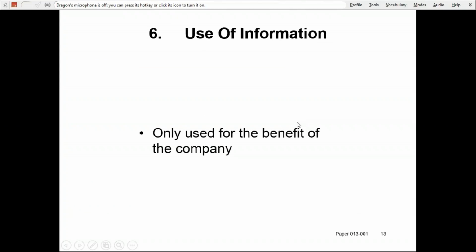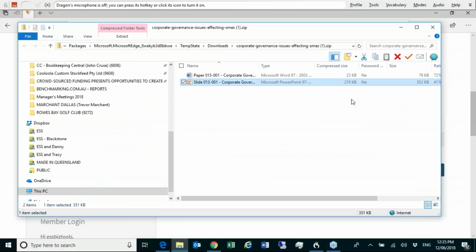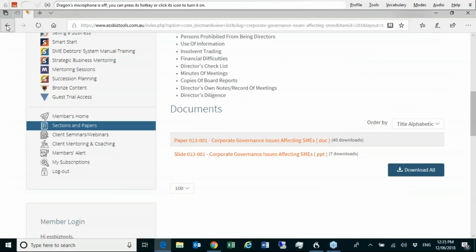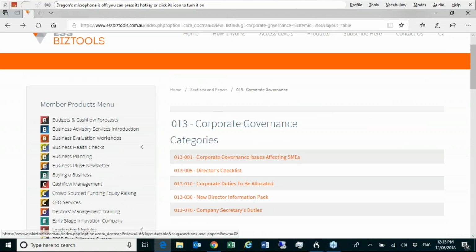You can put your logo onto those if you wish, so that you're able to utilize the material with presentations to clients or whoever you like.